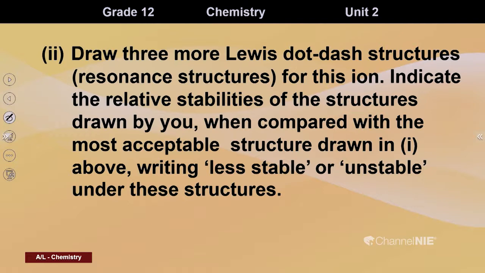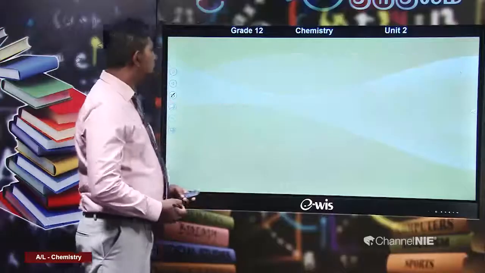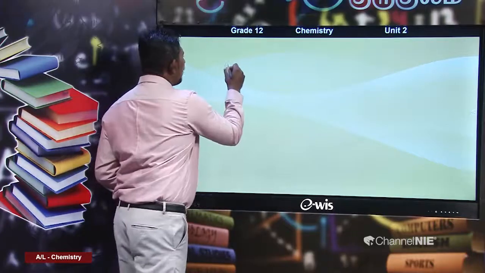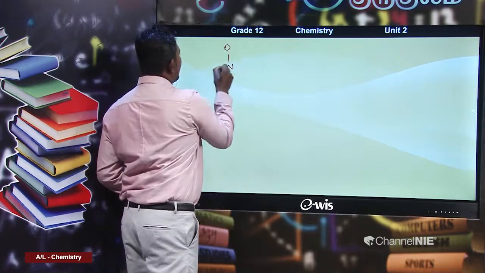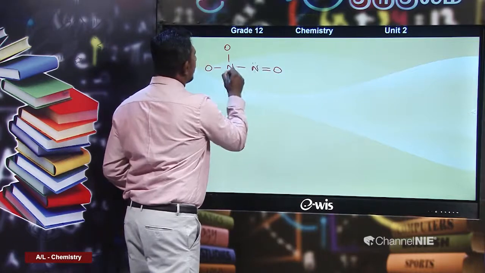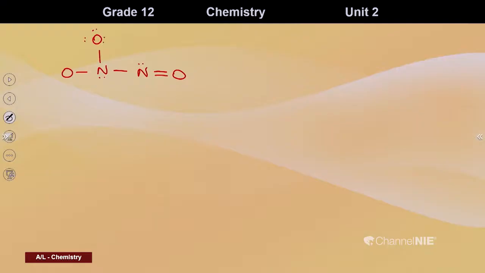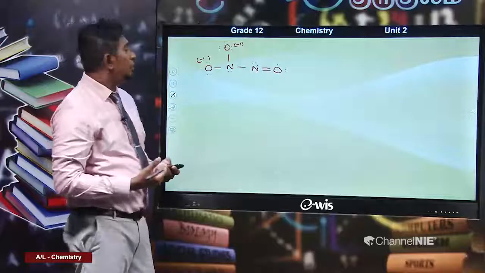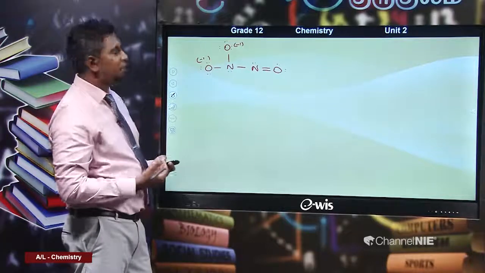So above, write less stable or unstable under these structures. Okay students, what we have so far recognized was this, naming it as the Lewis structure. What they are asking us to do is draw resonance structures.